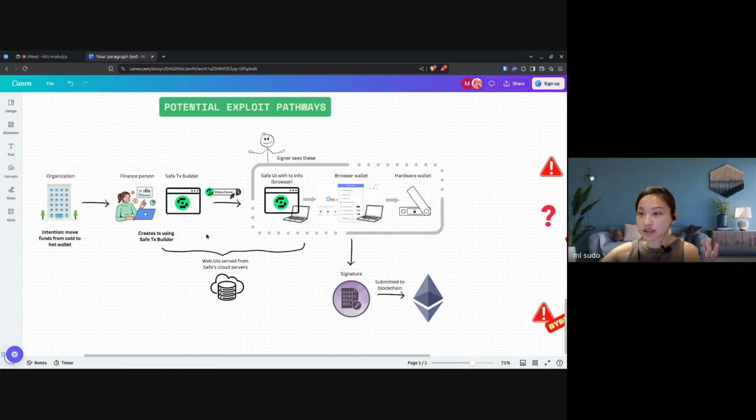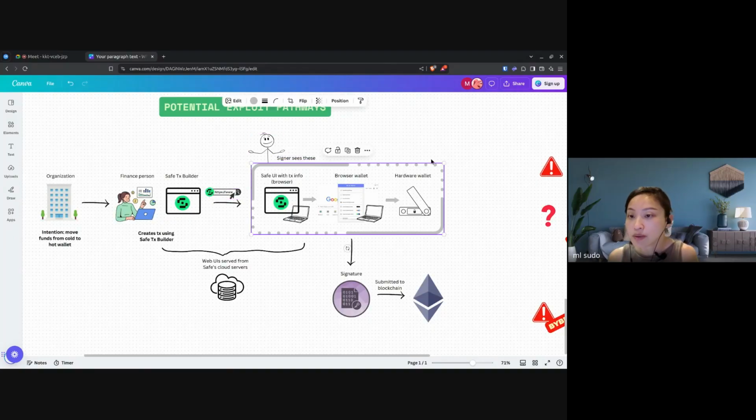It's just a very nice, clean UI to enter things like, oh, we want to transfer X amount of ETH to this address, the hot wallet address.